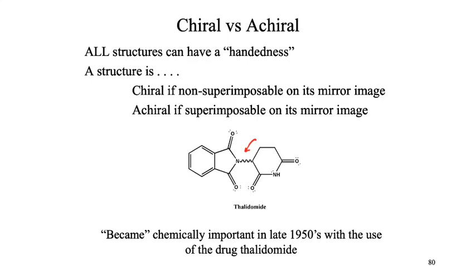That particular bond and that particular carbon, if we change that squiggly line to be a wedge versus a dash, those two molecules become non-superimposable. Okay? One bond aimed up or down, and all of a sudden your structures now don't superimpose on each other.